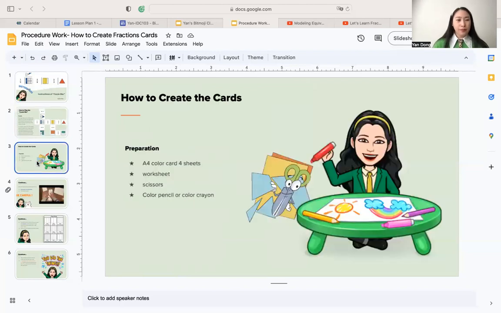So on the table, you will see the materials I have prepared for all of you: A4 color cards, sheets for your worksheet, scissors, color pencils or color pens.